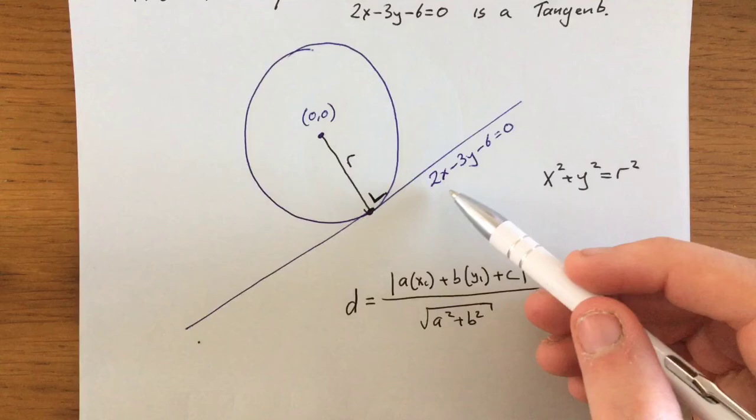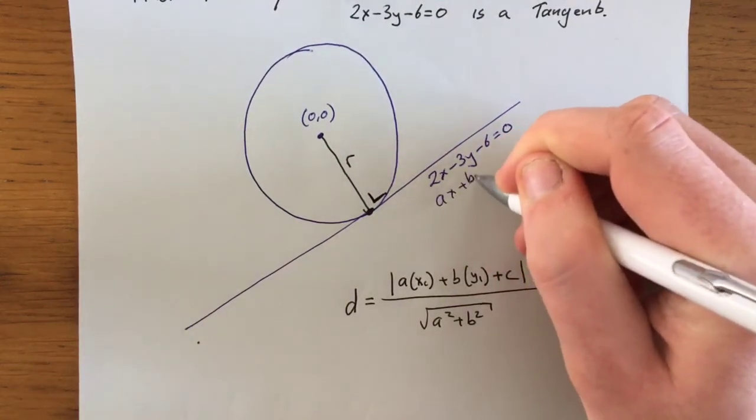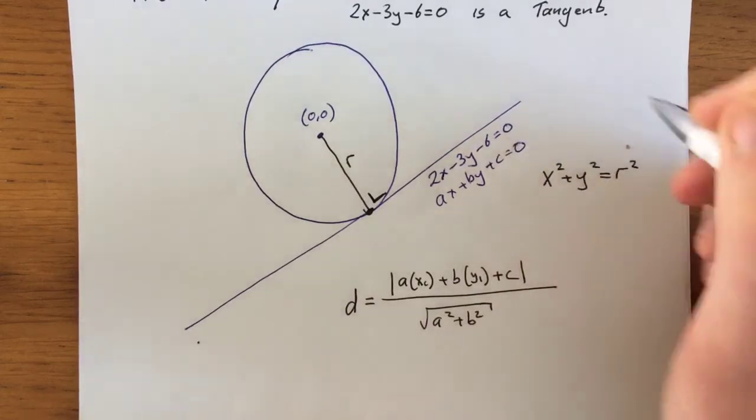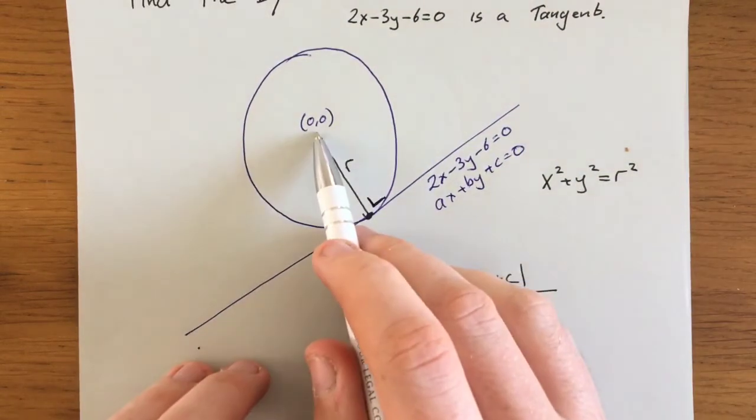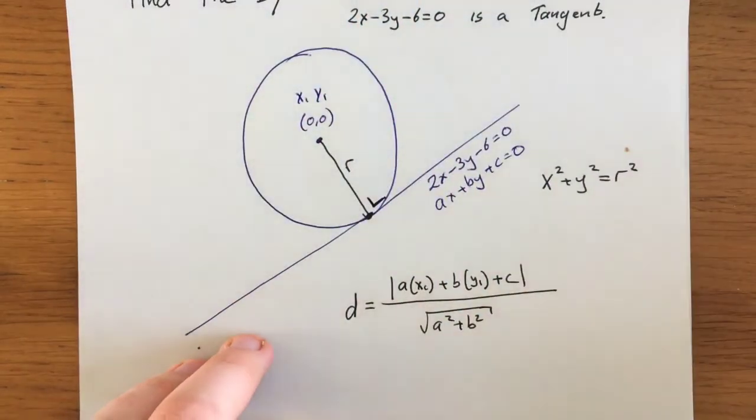This is my equation here, and I know that that is in the form ax plus by plus c is equal to 0. And then this is my point here, in the form x1, y1.